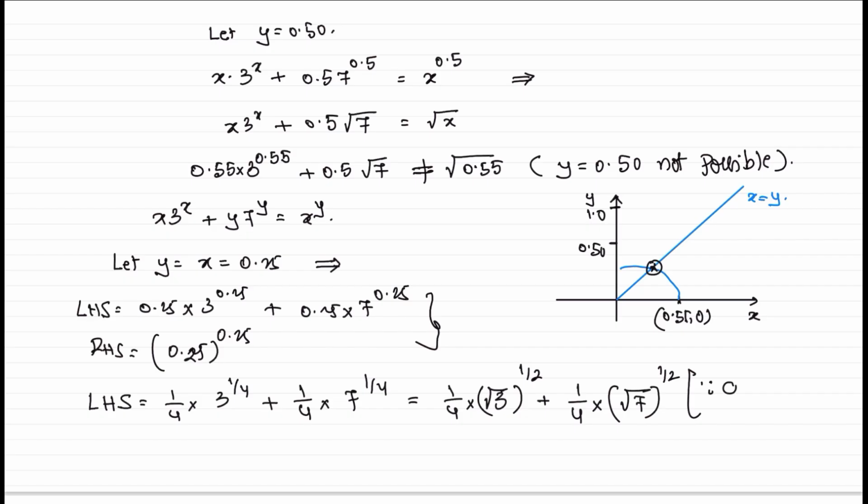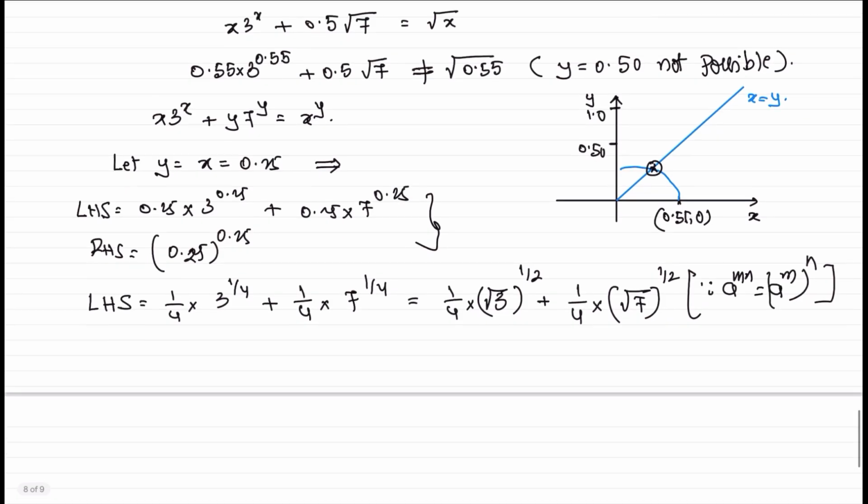Since a to the power of mn is equal to a to the power of m to the power of n. Now, let's calculate the left hand side.